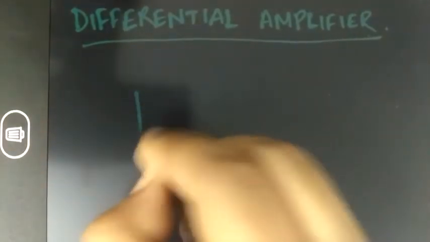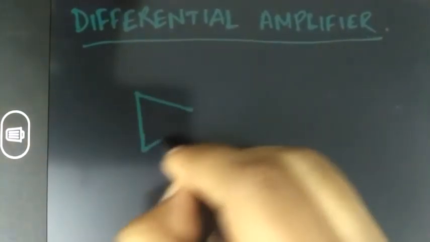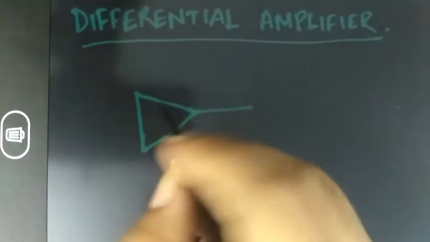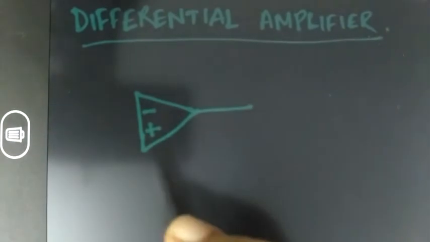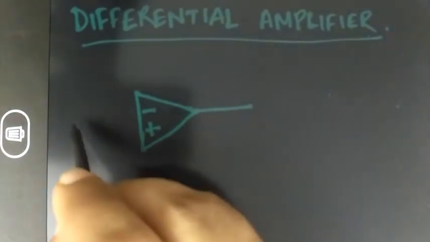Let me first draw the circuit so that it would be easier for you all to understand. This is pin number 2, this is pin number 3, the inverting and non-inverting terminals.